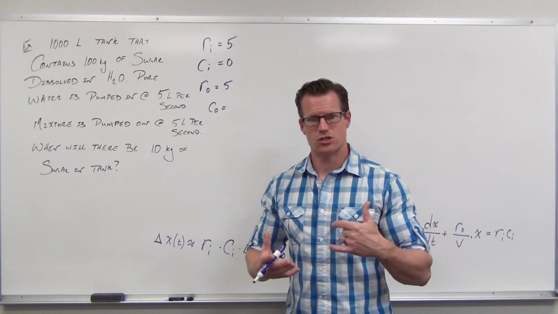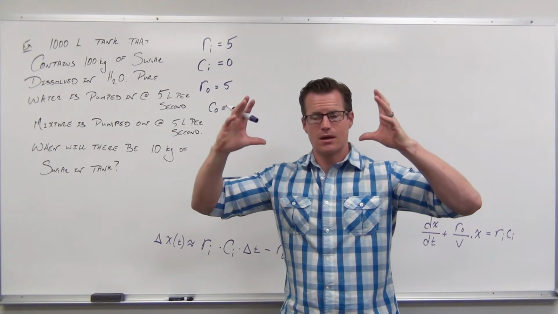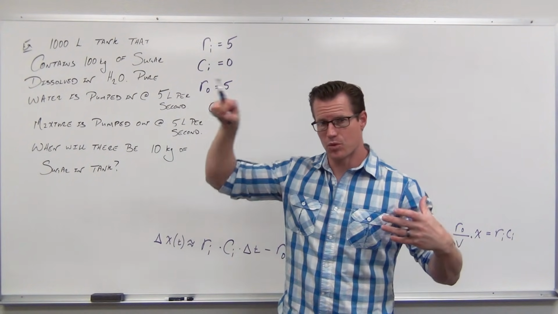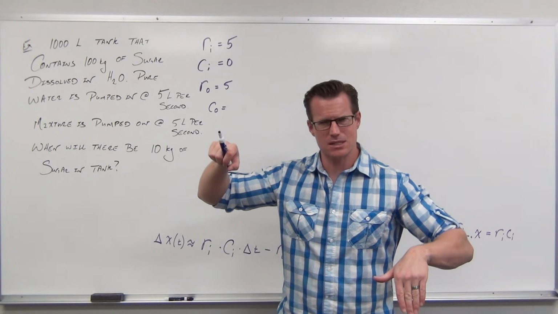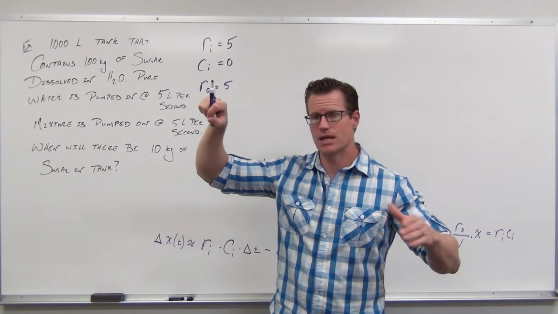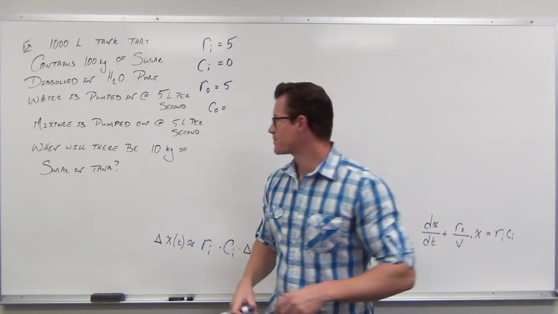How the concentration changes is how much sugar is in there at a moment in time divided by how much volume is in there. And that's not changing, because what we're pouring in and pouring out is the same. Does that make sense? If you pour in 5 liters per second into this 1,000-liter tank and take out 5 liters per second, at any moment in time, you're still going to have 1,000 liters.